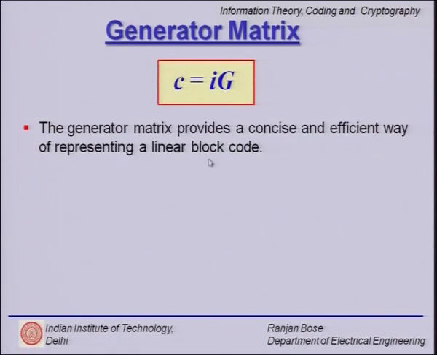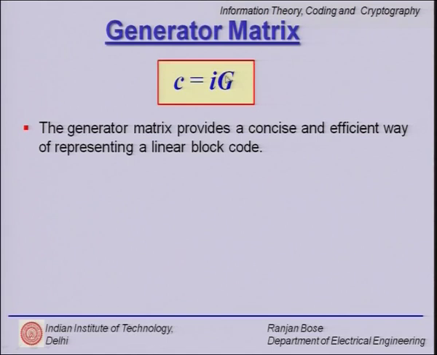Now why is this generator matrix important? We saw last time the generator matrix is indeed an efficient way to represent the lookup table. Even for a moderately large k, the lookup table size for a linear block code would grow exponentially with k, and it would very soon become impractical, not only from the storage perspective but also from the search perspective.